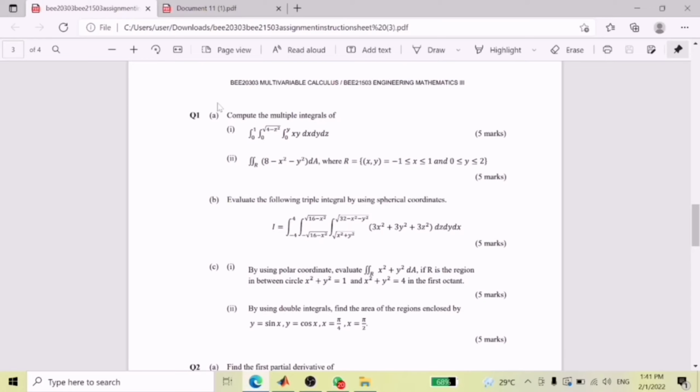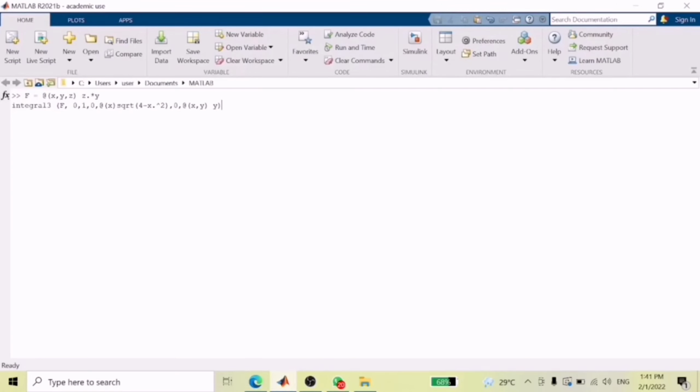For question 1A1 Roman, first we need to write this equation in our MATLAB like this, with our upper limit and lower limit.